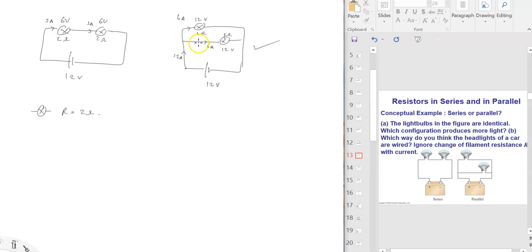Which way do you think the headlights of a car are wired? That's also this configuration. Reason? In the first one, if let's say this light on the left goes bad, there's no current flow through the circuit, so this second one won't even work, right?